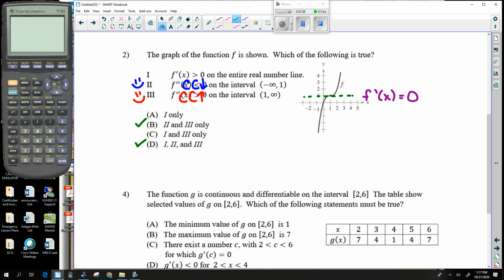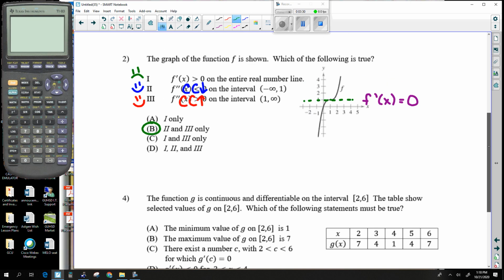It looks pretty flat, so I'm going to say that the derivative is equal to 0. That means no, it is not purely greater than 0. So I'm going to say 2 and 3 only. I'm not exactly sure what I said on my answer key, because wow, that derivative, it's a close one.